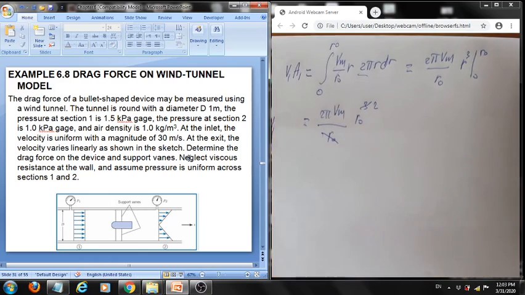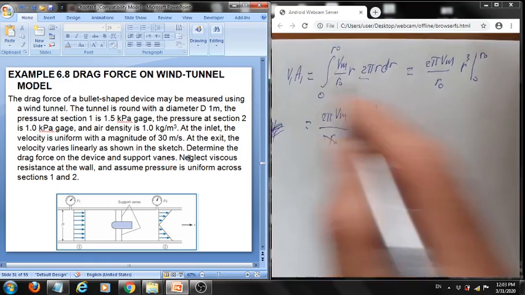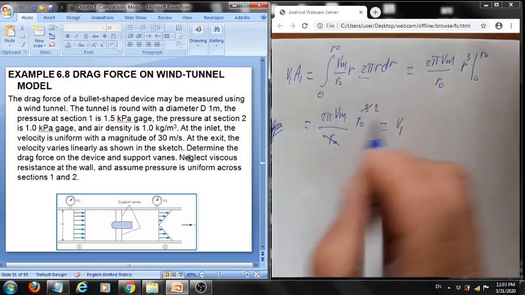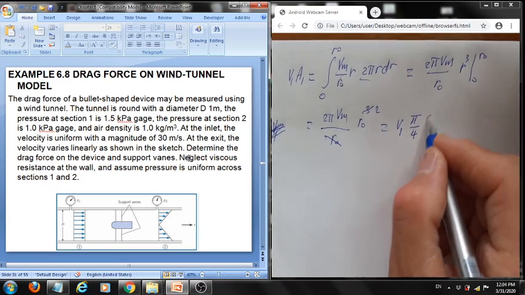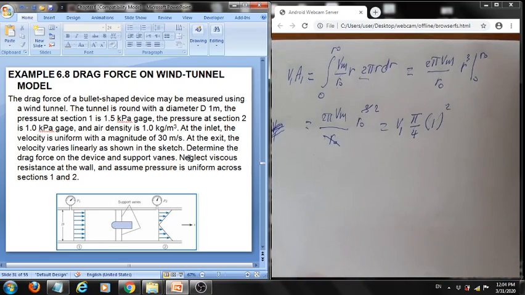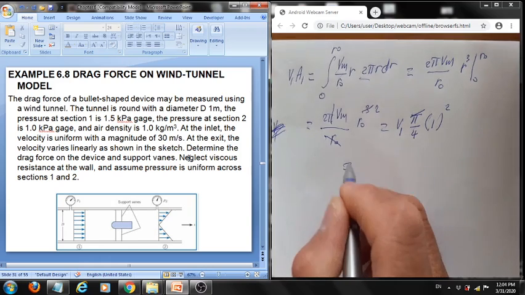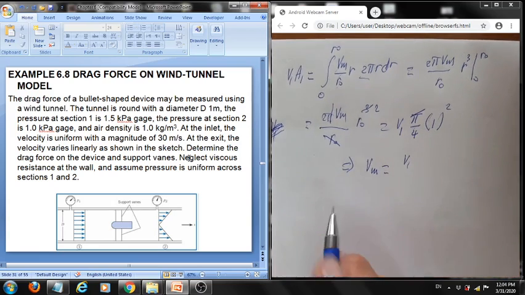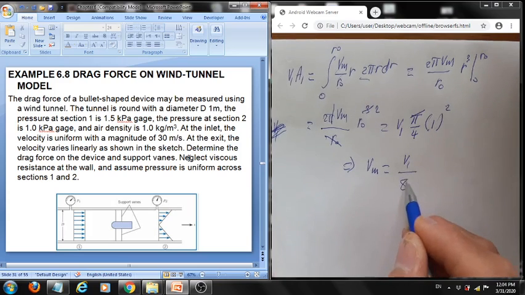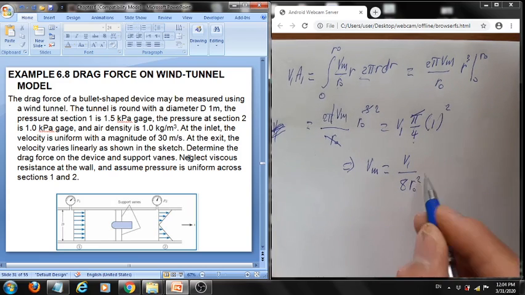Okay, V1, which is given to us, V1 is given to us as 30 meters per second. The area is pi over 4 times the diameter, which is 1 meter squared. So pi and pi go away and we end up with Vm equal to V1 over 8 over r squared.